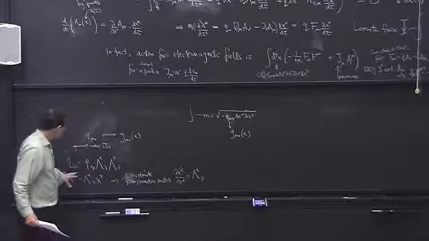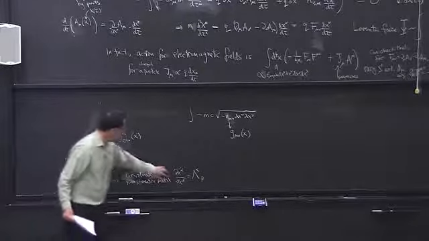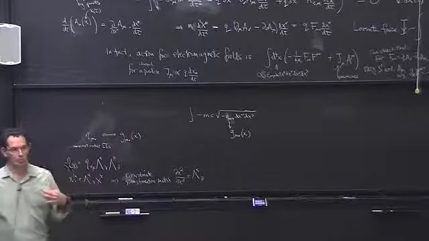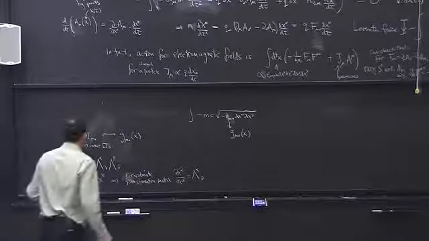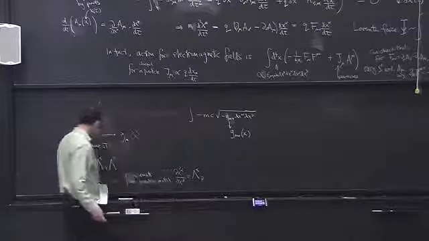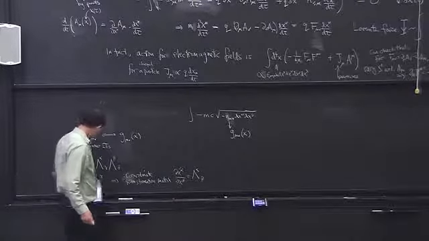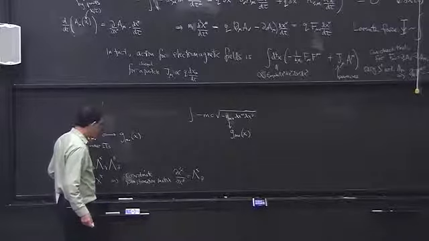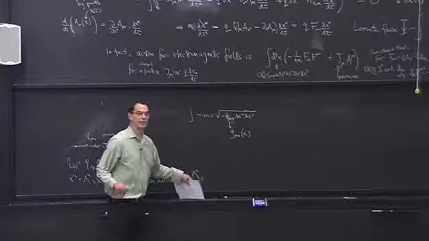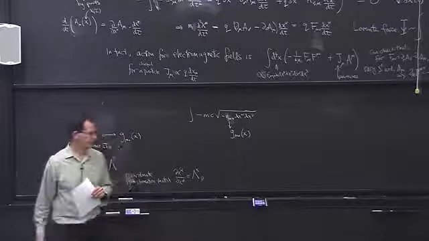Okay, so special relativity is just a theory of these transformations from x to x prime, where they satisfy this equation. x prime is this function of x, and the partial derivative of x prime with respect to x is a constant matrix.